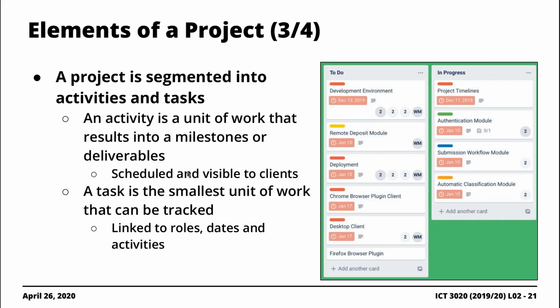Again, similar to an activity, because you're tracking this task, it's associated with time: start date, end date, or start date, duration. And more importantly, because tasks are derived from activities, it goes without saying that they're linked to activities. So you have a project, you first of all break it up into activities, then those activities are further broken down into tasks. Tasks are associated or assigned to roles.